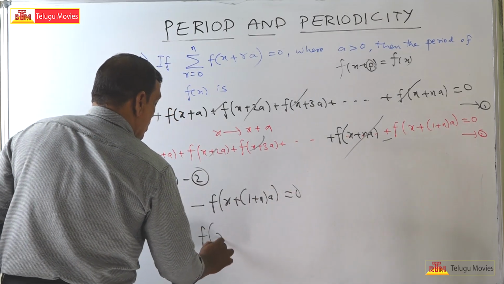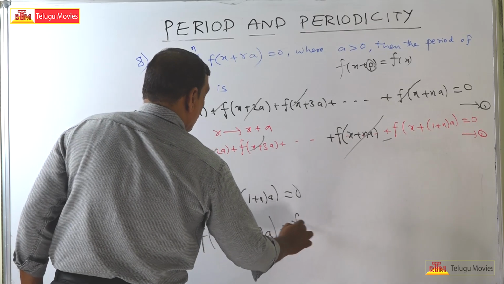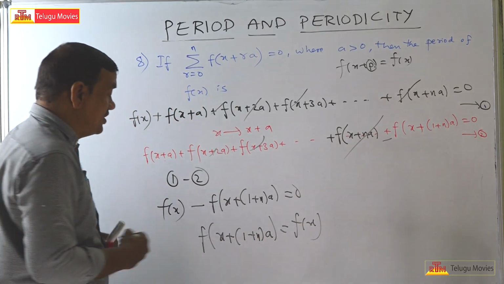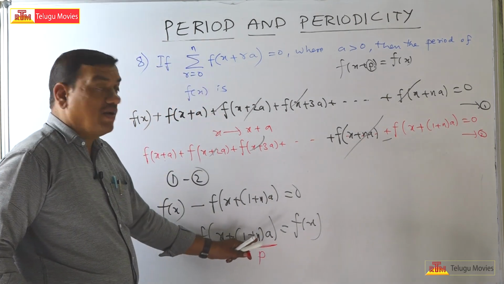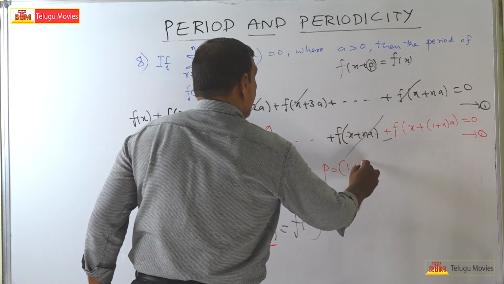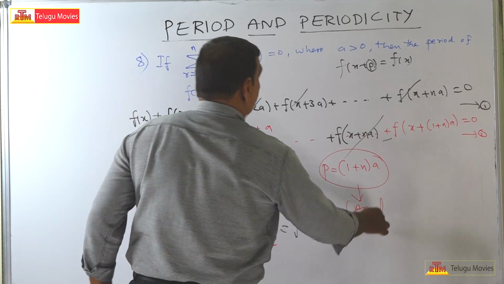So f of x plus 1 plus n into a is equal to f of x. By definition, in place of p, what is there? 1 plus n into a. So p is equal to 1 plus n into a. So this is the period of your function.